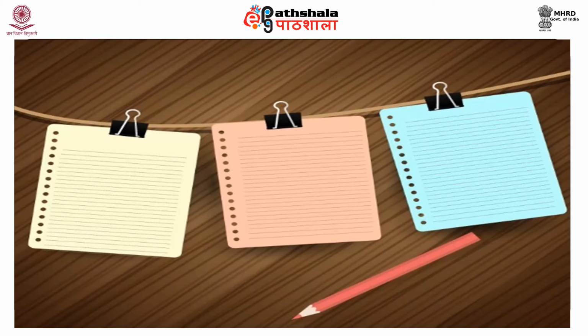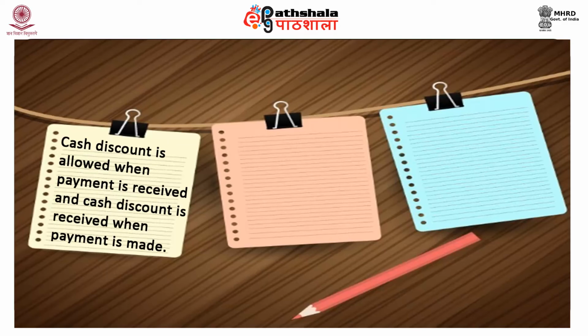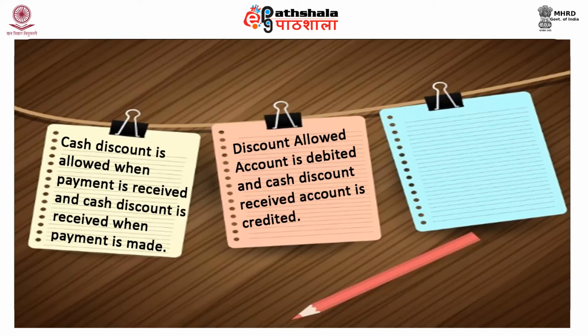Now, some of the points to be noted are: 1. Cash discount is allowed when payment is received, and cash discount is received when payment is made. Discount allowed account is debited and cash discount received account is credited.